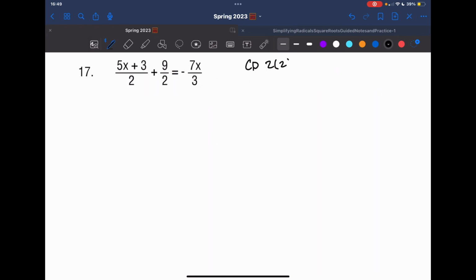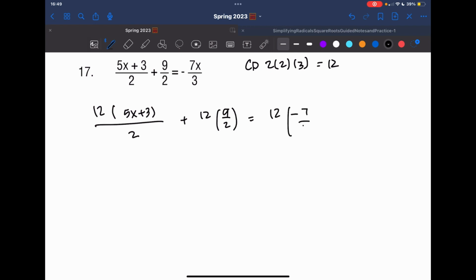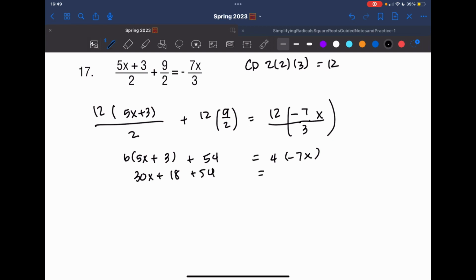It's going to be 2 times 2 times 3. So it's going to give me 12. So 12 times 5x plus 3 over 2 plus 12 times 9 over 2 equals 12 times negative 7 over 3x, right, because that's all together. So then it becomes 6 times 5x plus 3 plus 54 equals 4 times negative 7x. 30x plus 18 plus 54 equals negative 28x.